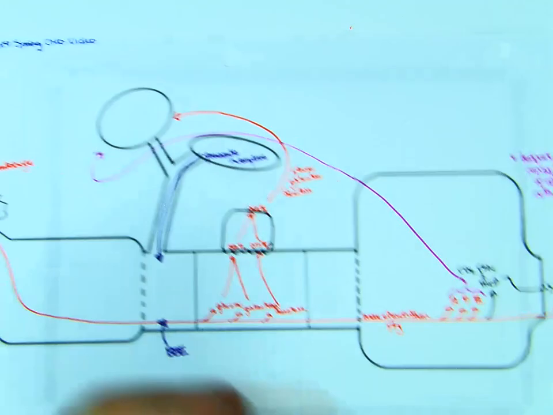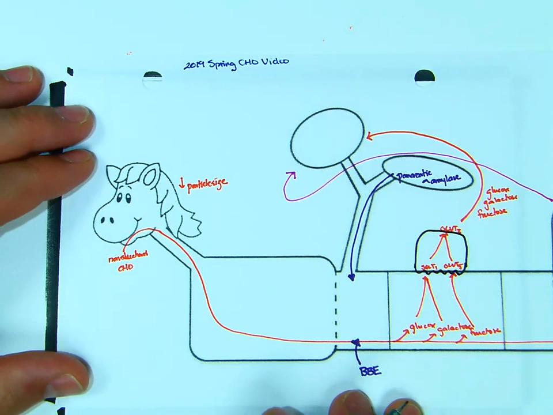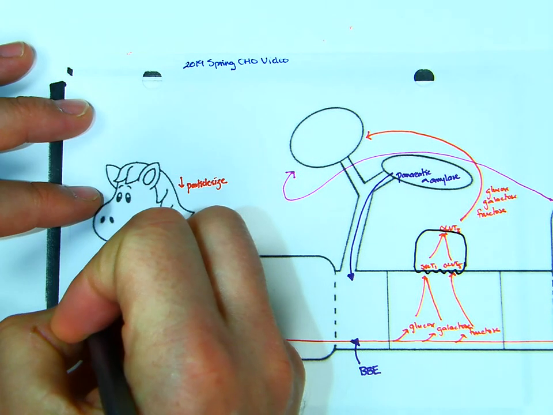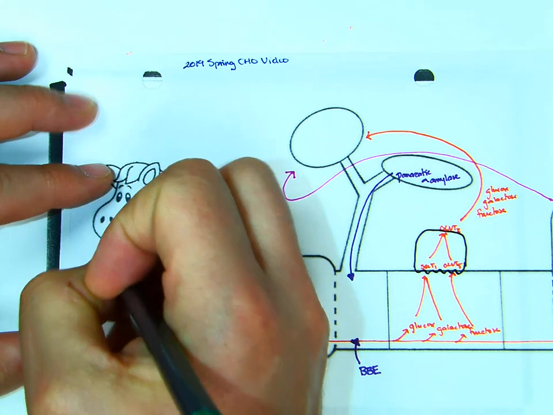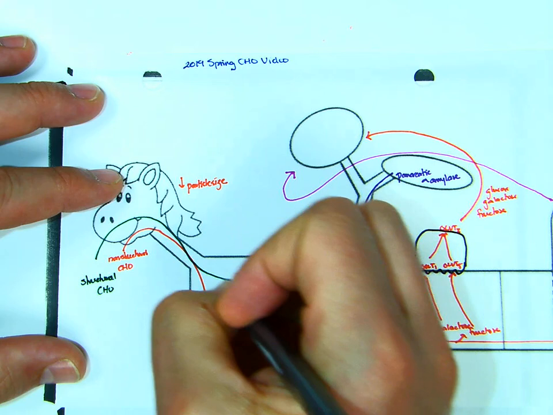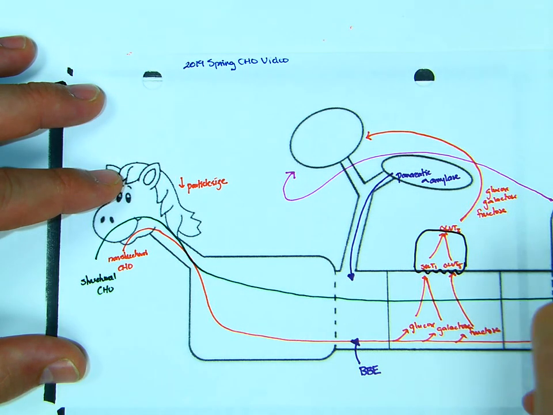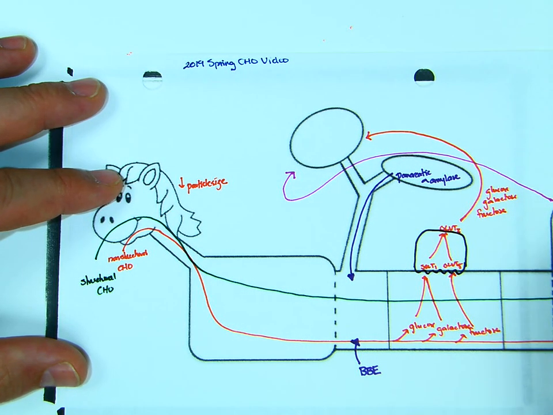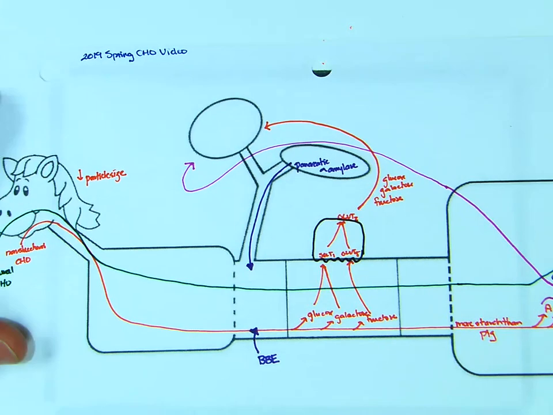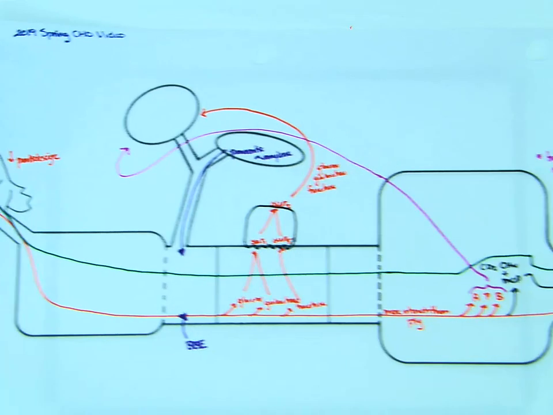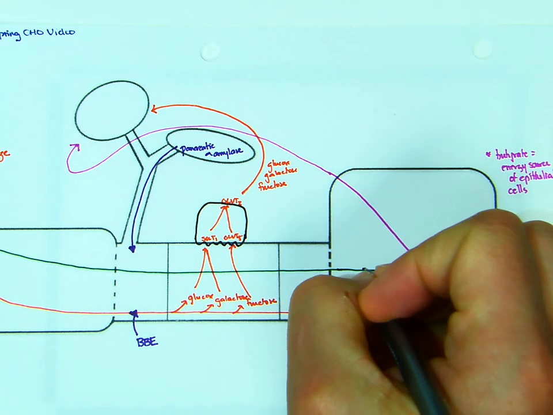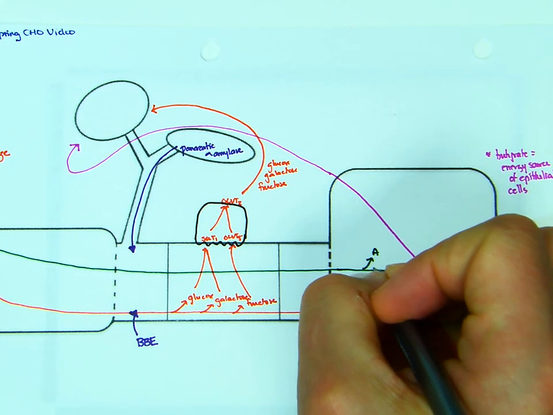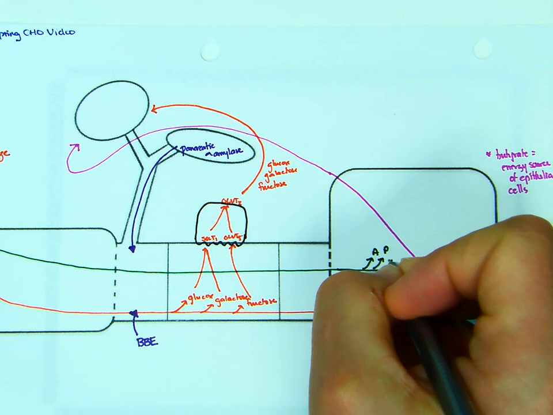We'll now feed our horse structural carbohydrates. Okay, and nothing happens in the stomach, nothing happens in the small intestine. It's only when we arrive at the large intestine that microbial enzymes are going to produce acetate, propionate, and butyrate.